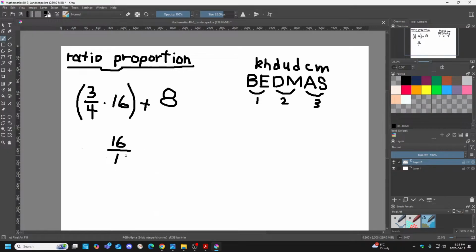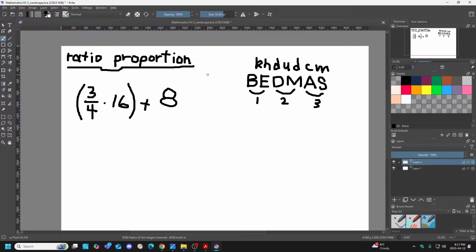You could divide it by 1, you're still going to get 16. So if you want to put your fractions into numerator over denominator, you can. That's why I'm showing you guys this, because a lot of people might get confused. Oh my goodness, what do I do? Where do I start?